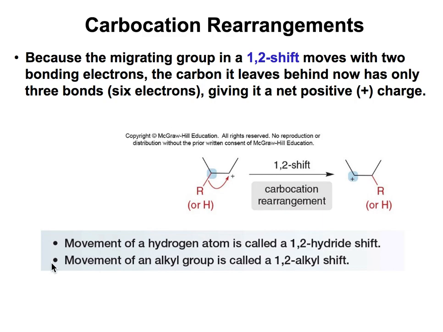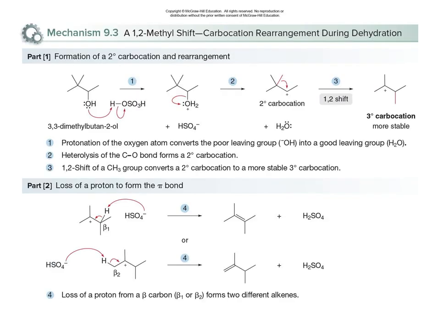But if the molecule doesn't have a hydrogen and it's still a carbocation that is not as stable as it could be, like in this particular case, what will move will be a methyl, an alkyl shift, right? So first, the hydride shift is favored, but if a hydride cannot move, then an alkyl shift will happen, right? An alkyl shift will happen. So here we have some examples.